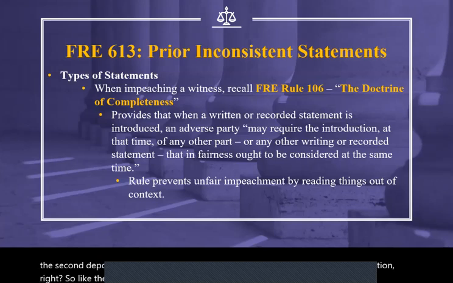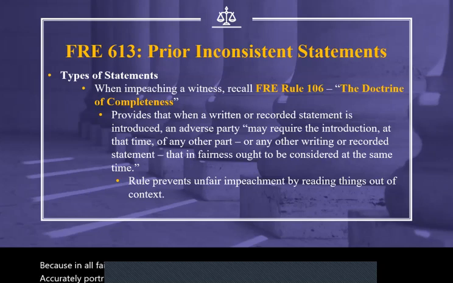And you want that first deposition to come in because that helps you. And opposing counsel is going to say, you know what? This should come in and this should come in. Deposition 2, deposition 3 should come into evidence, be read on the record, because in all fairness, it accurately portrays the witness's testimony, right?